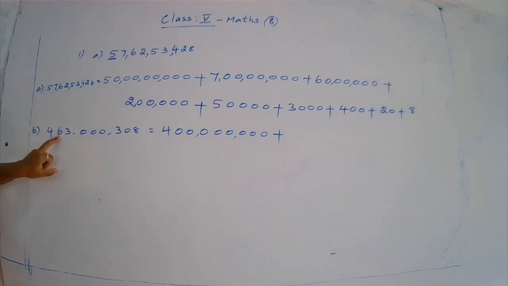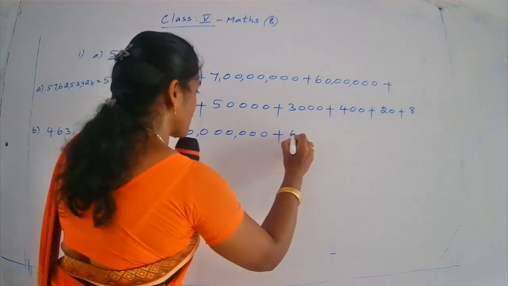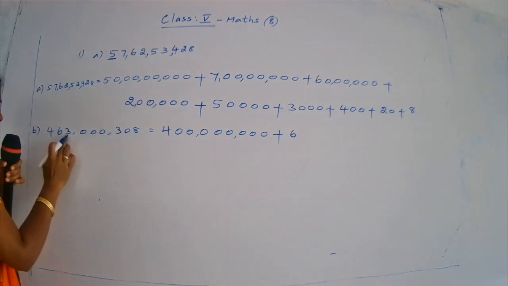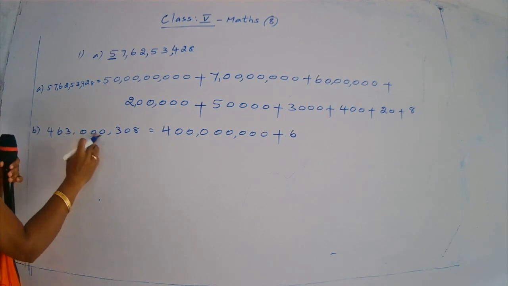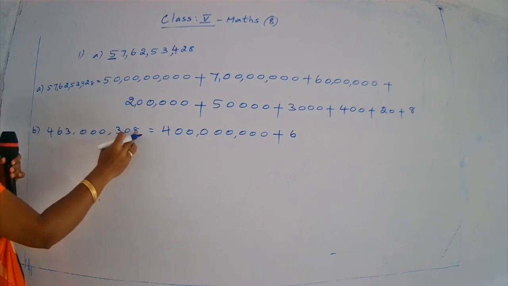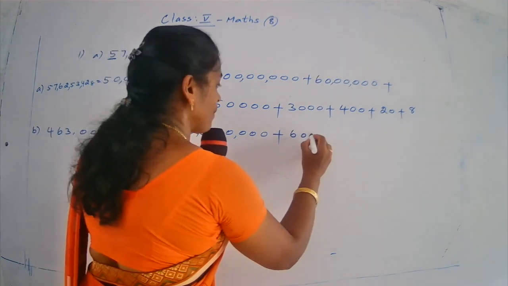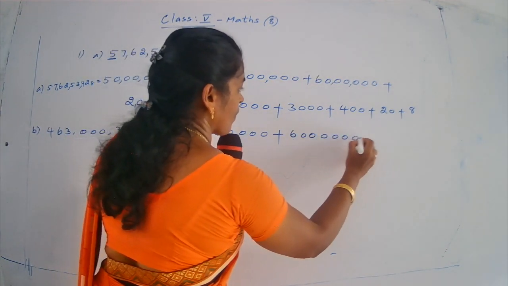So the place value of 6 is 6 into 10 million, which is equal to 60 million. Okay, children. The place value of 6 is 60 million. The remaining, how many places do you count? 1, 2, 3, 4, 5, 6, 7.